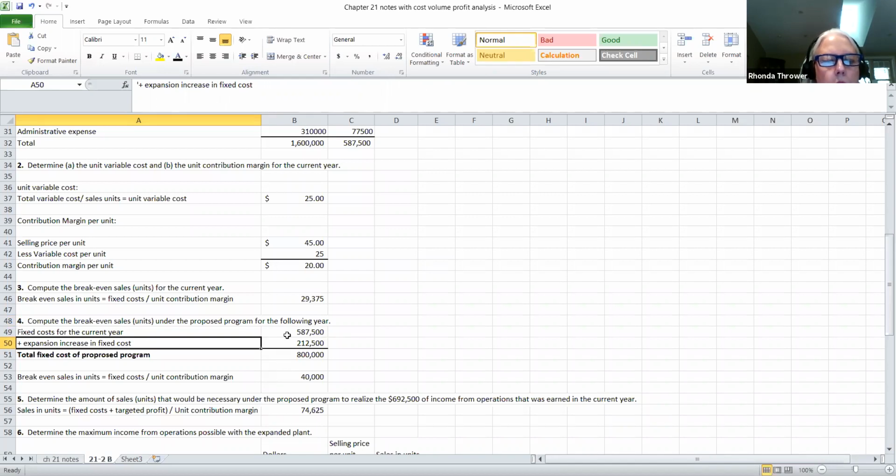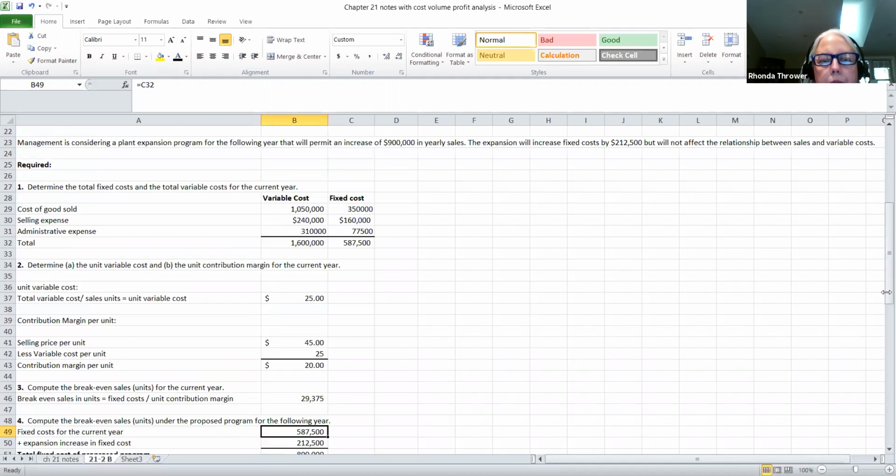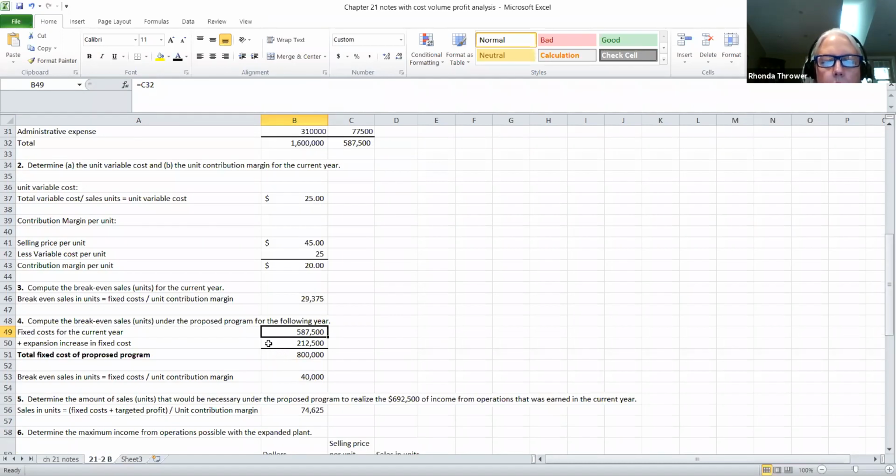The fixed cost for the current year was $587,500. We're going to add to it the expansion increase in fixed cost, which was given here. There was an increase in fixed costs of $212,500.